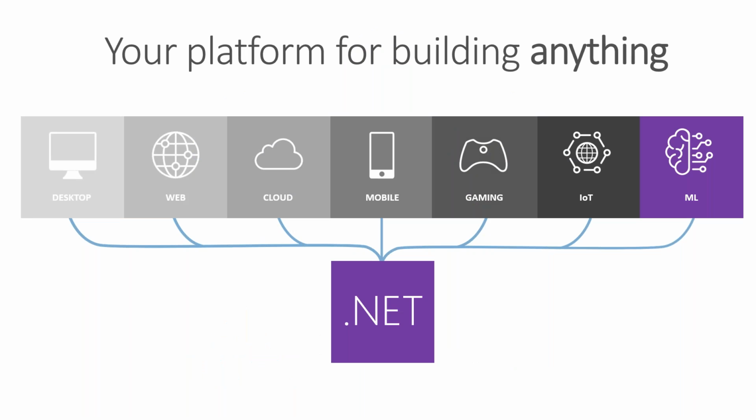So this .NET can be used for doing a lot of different things, and you see on the left, starting here with desktop, and then going to web, cloud, mobile, gaming, IoT, ML. Now these can be independent. You don't have to do cloud just because you're doing desktop. But what we're here to talk about today is what can you do with ML, and how could you blend ML with any one of these options on the left side.